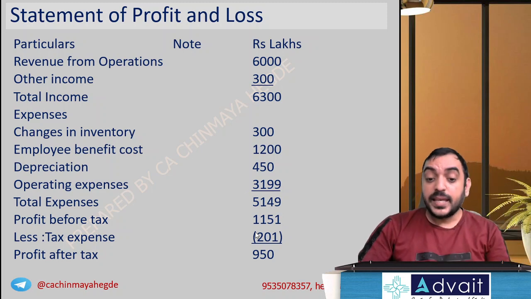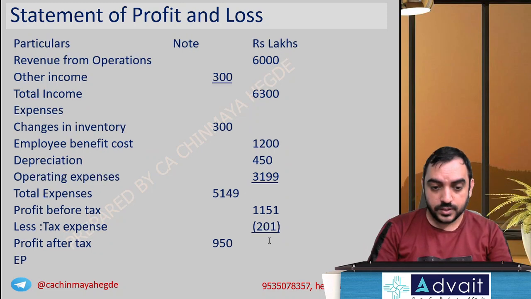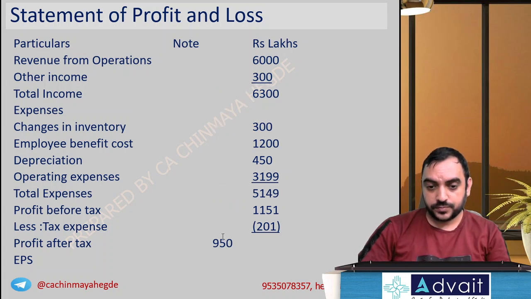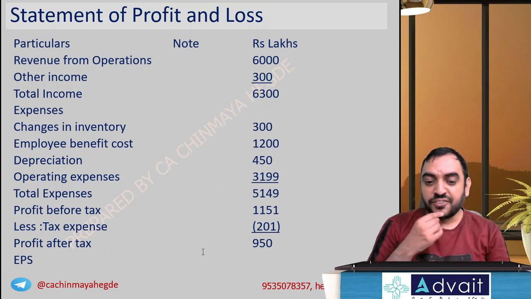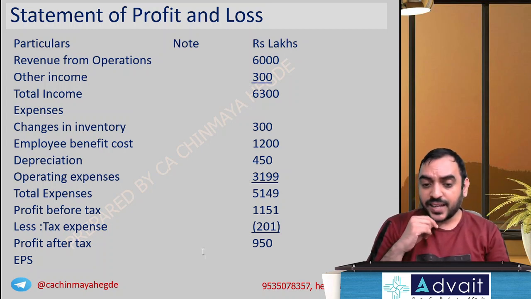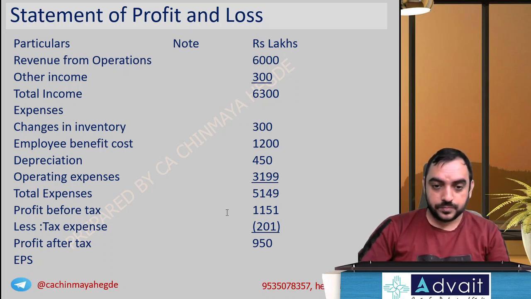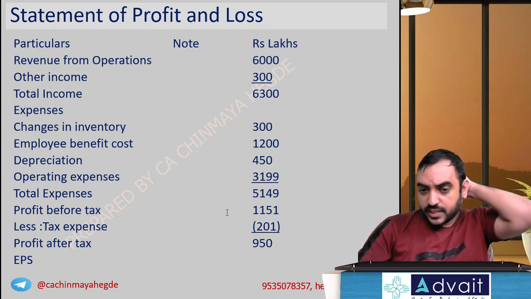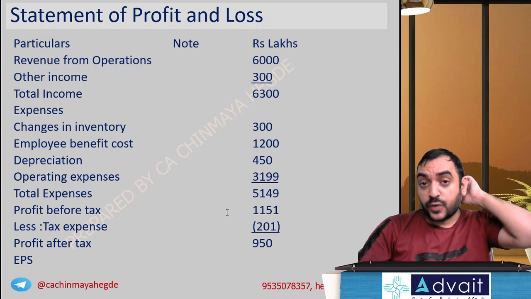Okay. Then EPS should also be shown. So EPS: divide this by the number of shares. So 950 divided by the number of shares. How many shares are there? I think 1,000 lakhs divided by 10, so 100 lakhs, 1 crore shares.